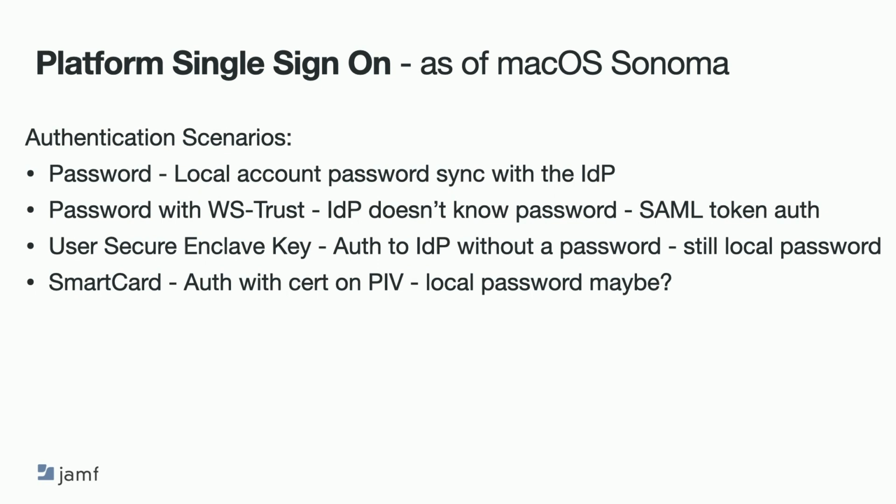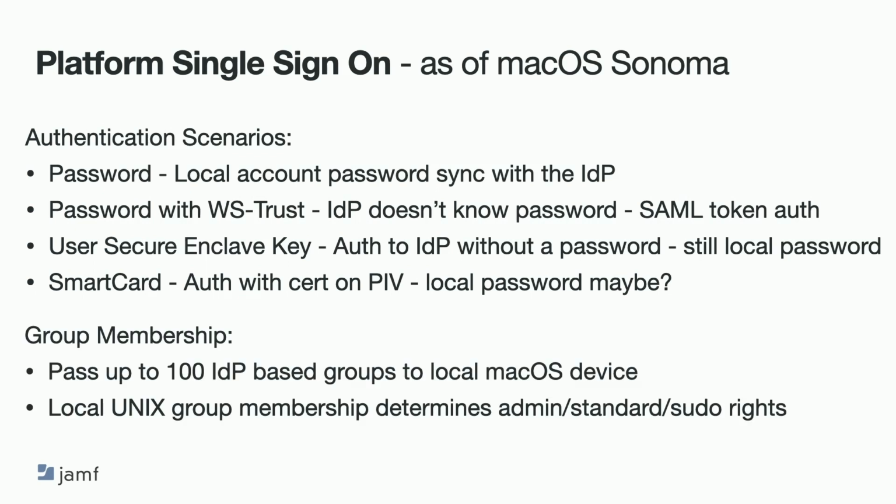And then, of course, there's the most fun one, which is the smart card PIV. Yay! And you can actually tie a smart card or PIV to your identity provider, log in with that on the device at the login screen, in which case you have no local password, but you definitely are going to have a local password because you have FileVault. Getting fun, isn't it? Yeah, now you know why I drink.